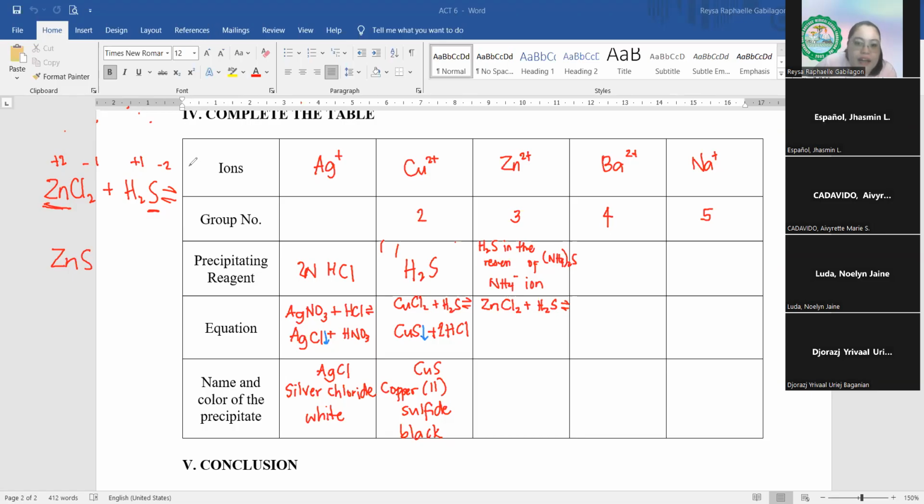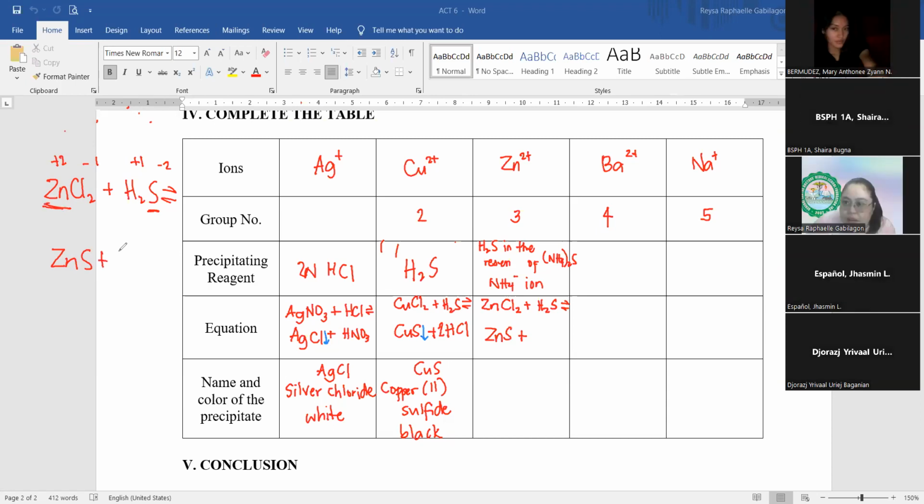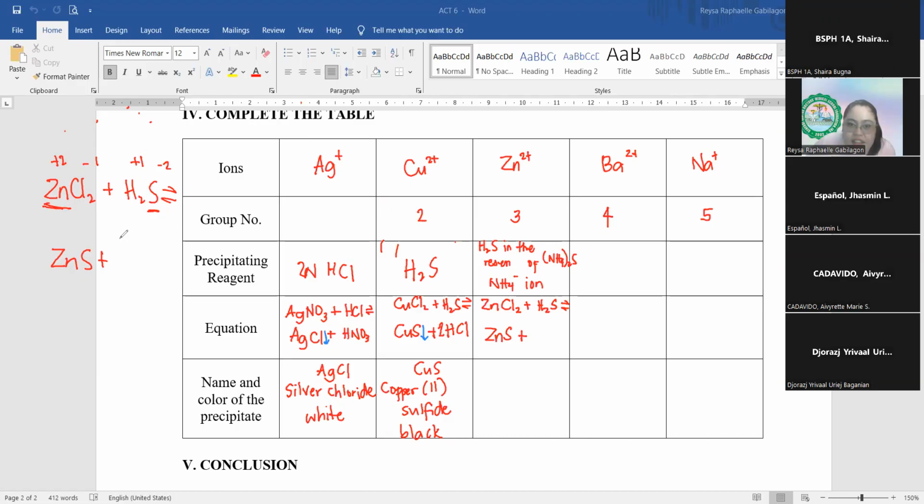No need to crisscross. So, we have here ZnS. Okay, what's the remaining product? Yes, Shaira? NH4Cl po. Okay. In your case, you used the ammonium sulfide, so NH4Cl.